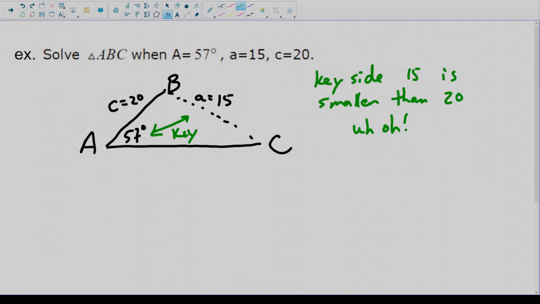Okay? So what would be the next step? Well, the next step is really just putting it into the formula. So we would be looking for angle C in this case, right? So it would be sine C over c is equal to sine A over a, which is our key, right?